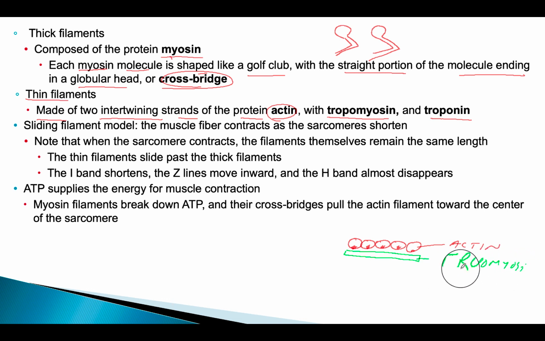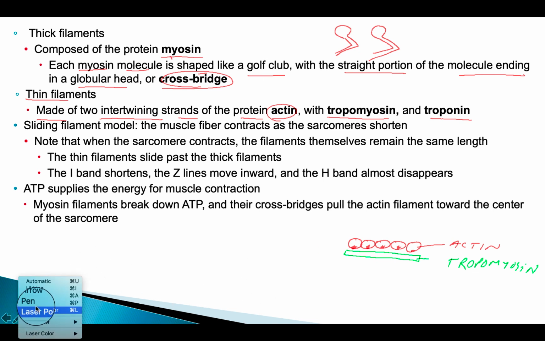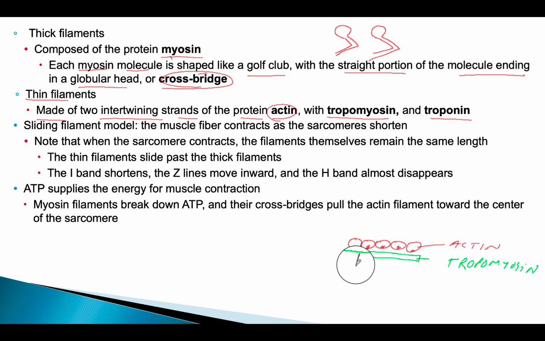And attached to the tropomyosin we have what is called our troponin. So these are your troponin. These are the three different components of our actin. So when you talk about actin, it has three components: the G-actin, tropomyosin, and troponin.